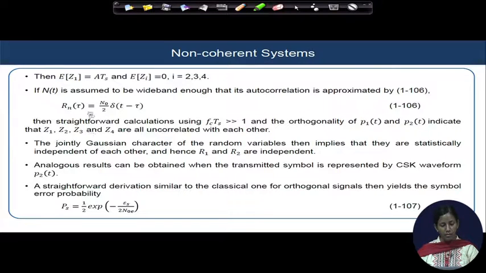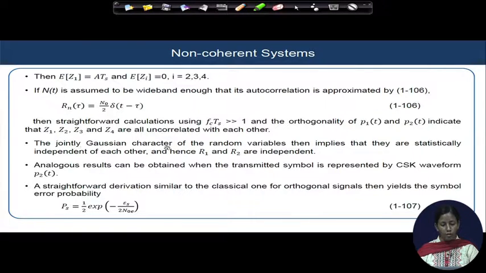Then a straightforward calculation, which uses the fc Ts greater than or equal to 1 and the orthogonality of P1(t) and P2(t), shows that all the noises added in path 1 as well as path 2, that is the noise associated with Z1, Z2, Z3, Z4, are uncorrelated with each other.